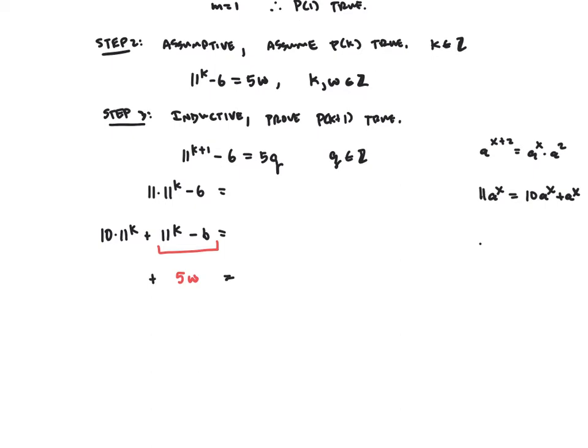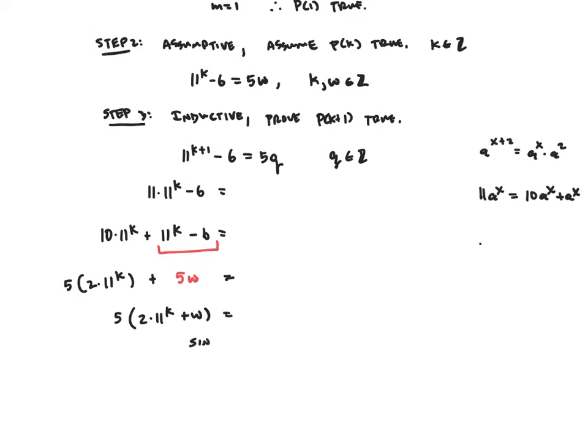And of course, 10 is a multiple of 5. So I could pull out a 5 and leave 10 times 11 to the k, which is 5 times 2 times 11 to the k. Now I can pull a 5 out of both of those terms. So I would get 5 times 2 times 11 to the k plus w.